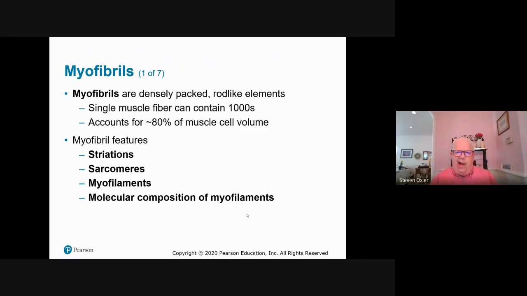Myofibrils are densely packed rods. A single muscle can contain thousands of them. And myofibrils account for 80% of the muscle cell volume. They have many features, and we'll talk about the striations, the sarcomeres, the myofilaments, and the molecular composition of myofilaments.